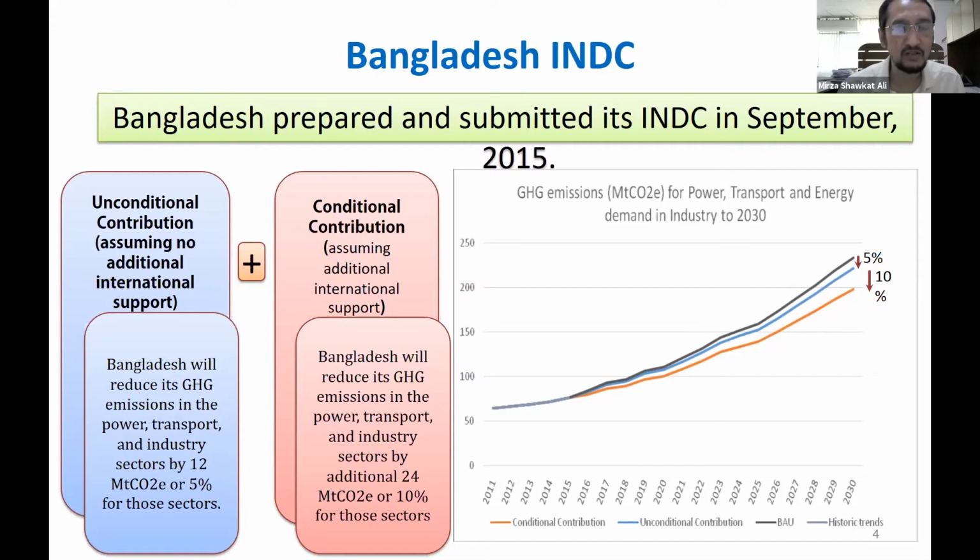So we considered that we shall reduce 5% or 12 million tons of carbon dioxide from power, industry, and transport sector by 2030 from the business as usual scenario. And in case of conditional contribution, assuming additional international support, we are interested to reduce an additional 24 million ton or 10% for those sectors. Next slide, please.